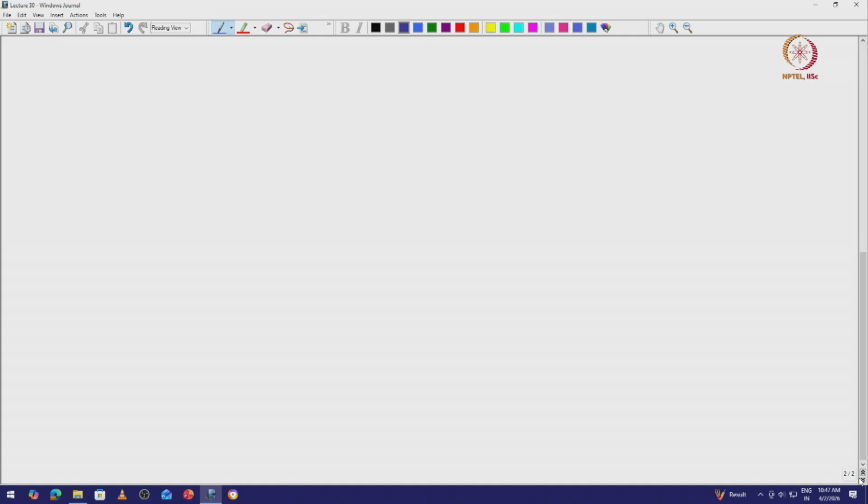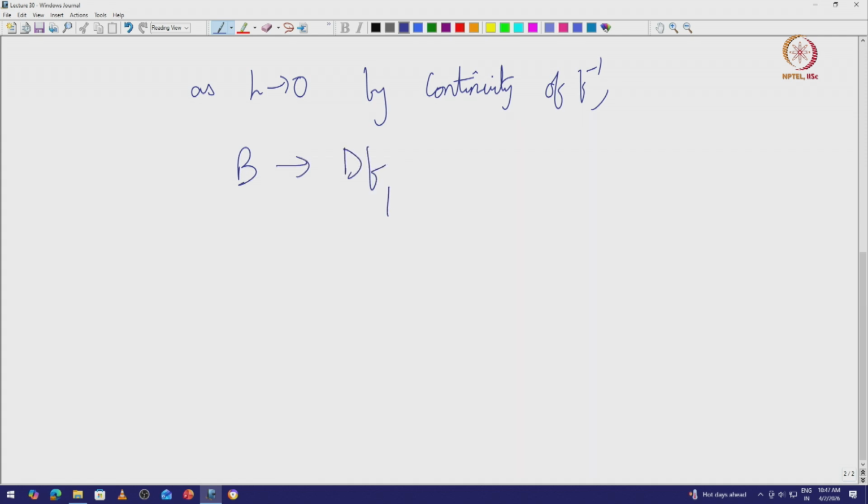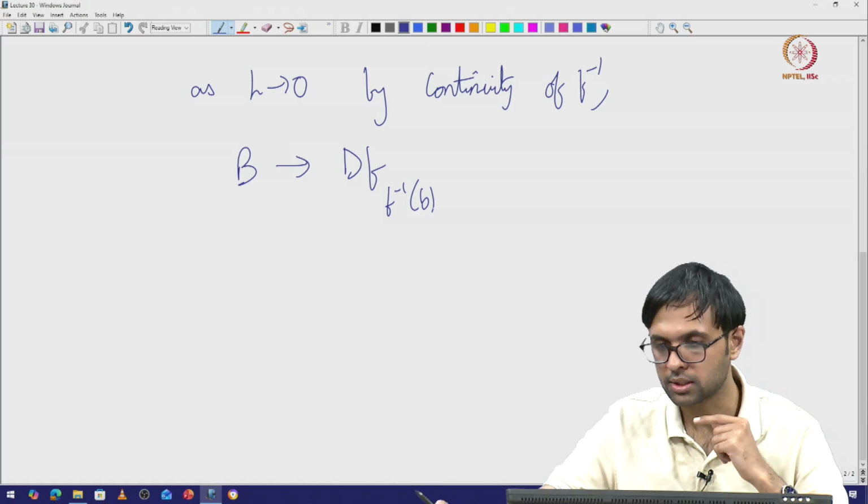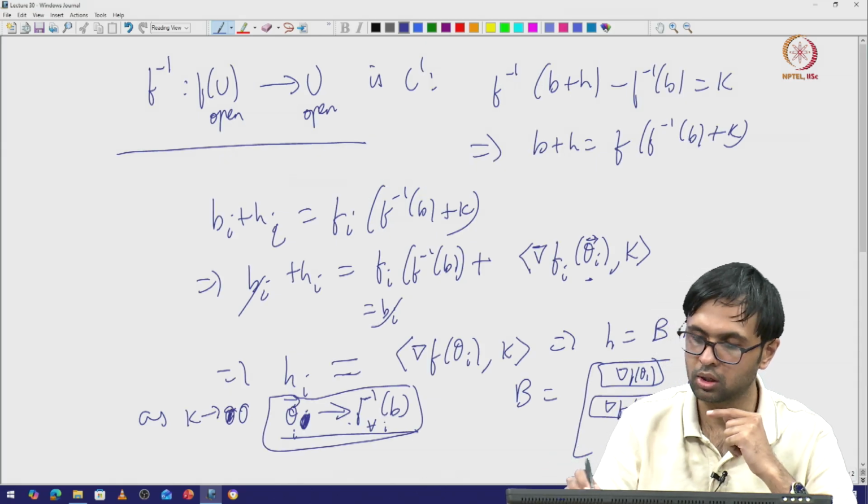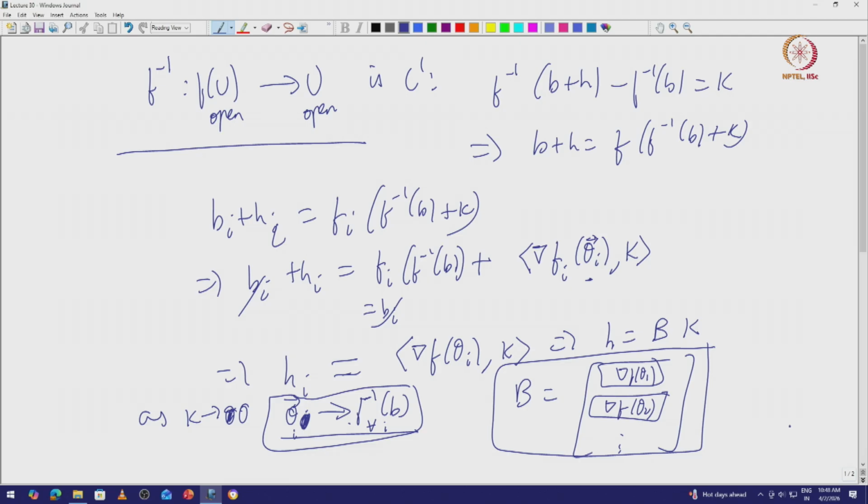Now the point is, as h goes to 0, by continuity of f inverse, which we have already proven, B goes to the derivative of f at f inverse of b. Why is this so? Again, what is B? The first row of B is gradient f_1 of theta_1. Now the point is, as h goes to 0, f inverse is continuous, so k will go to 0.